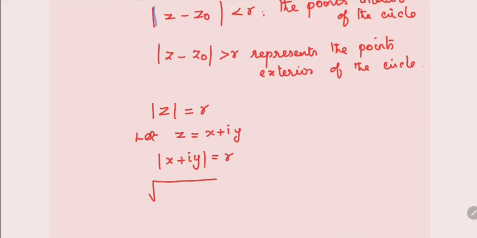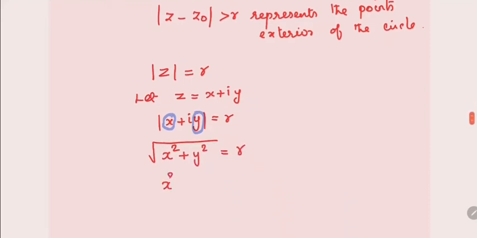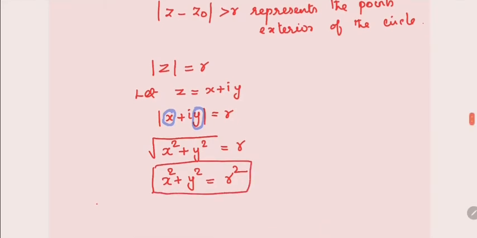It's the square root of the real part squared plus the imaginary part squared. The real part is x, so the square root of x squared plus y squared is equal to R. Squaring both sides, you will get x squared plus y squared is equal to r squared. Do you remember what it is? It is the equation of the circle.